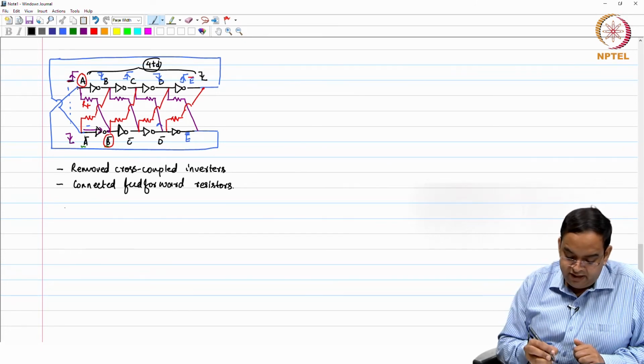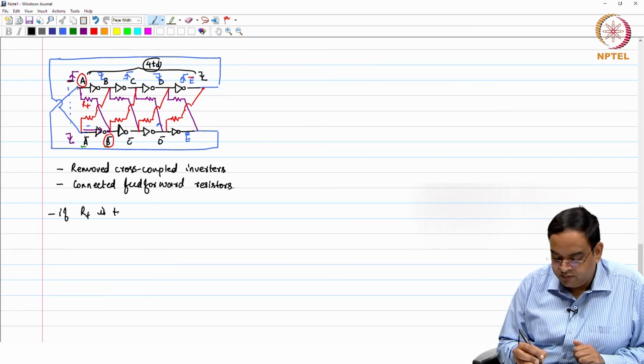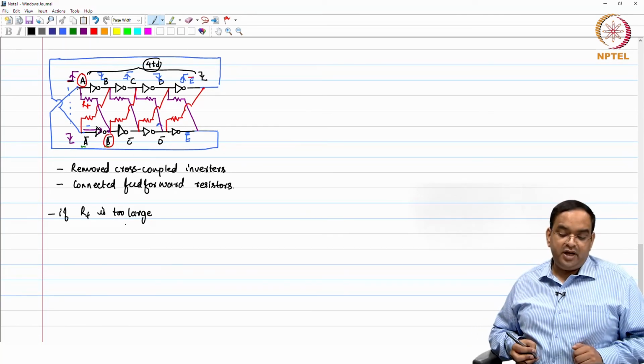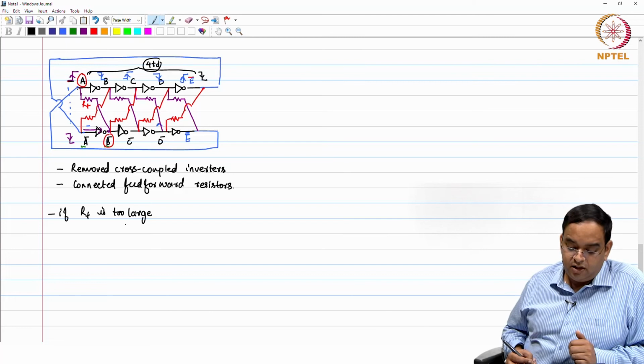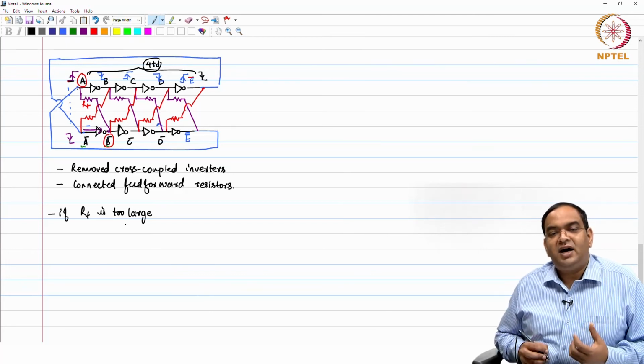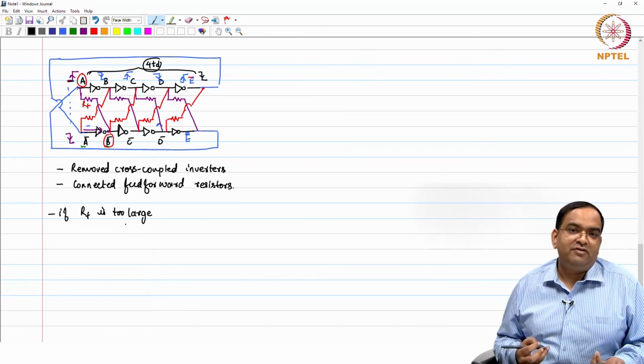The thing is, if RF is too large, okay, again there is an optimization for this feedback resistor here, feed forward resistor here. If RF is too large, you can effectively think that it is like going close to RF is infinity.